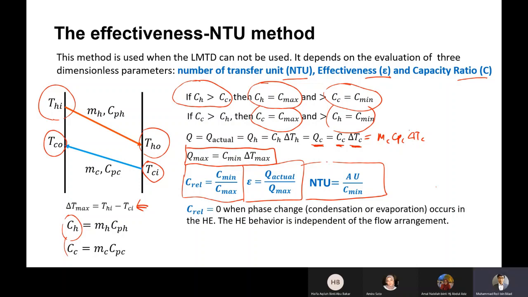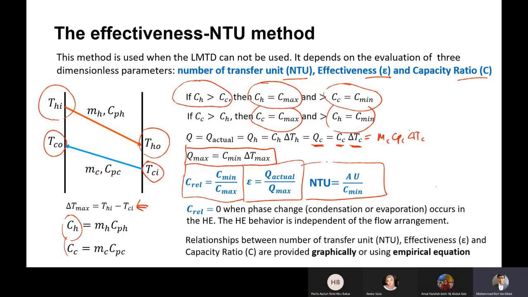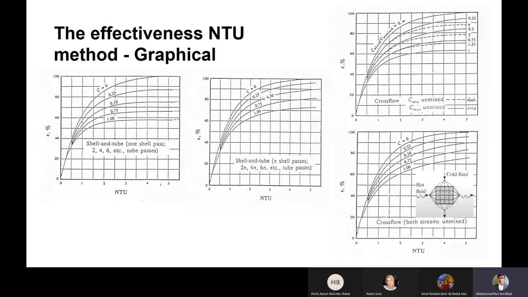Based on this, we know that the heat exchanger behavior really depends on the flow arrangement. The relationship between NTU, effectiveness factor, and capacity ratio can be shown graphically or described using some empirical equations. So how to do it?